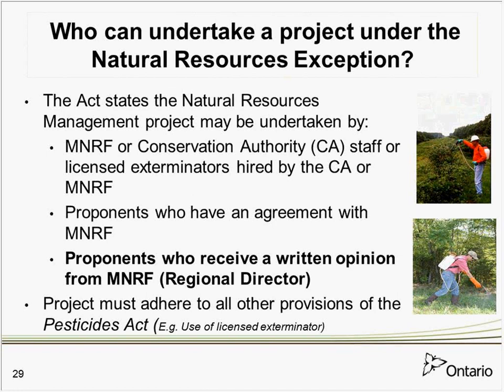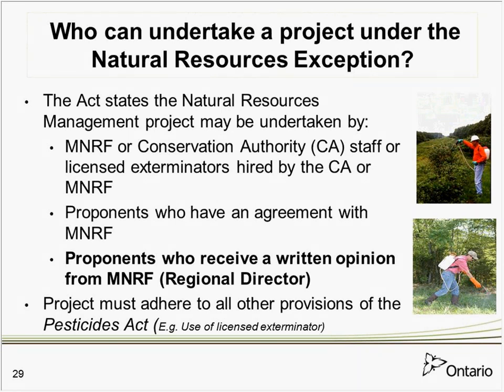So if you determine that it does apply, who can actually undertake a project under the exception? The Act states that the project may be undertaken by MNR or Conservation Authority staff or licensed exterminators that have been hired by the Conservation Authority or by MNR.